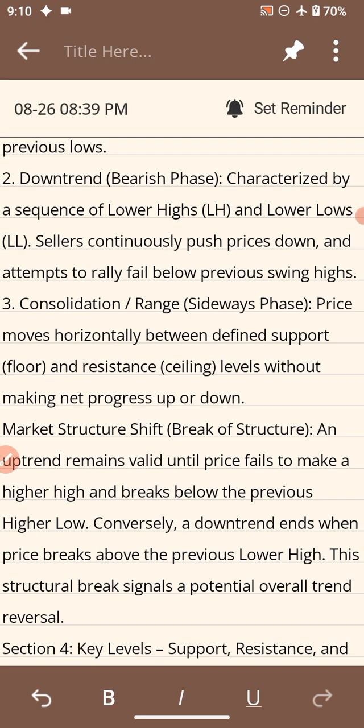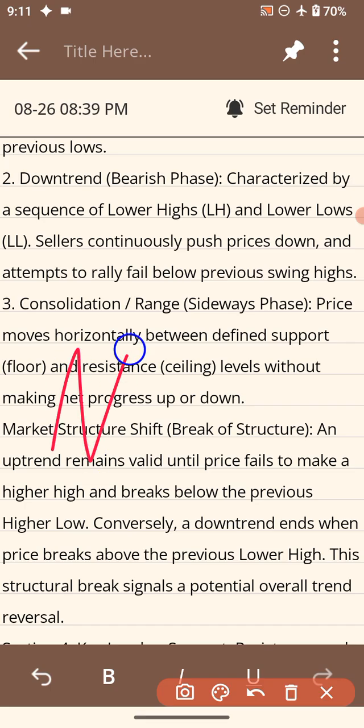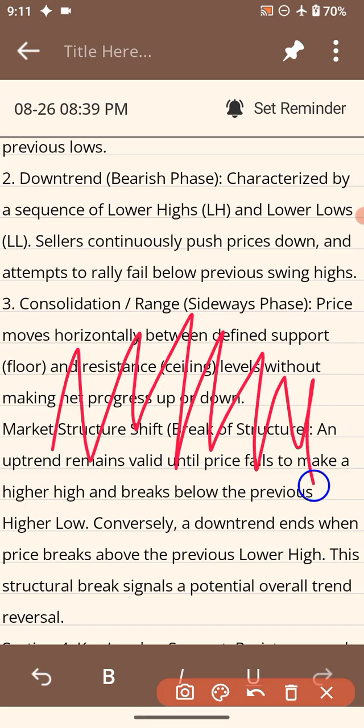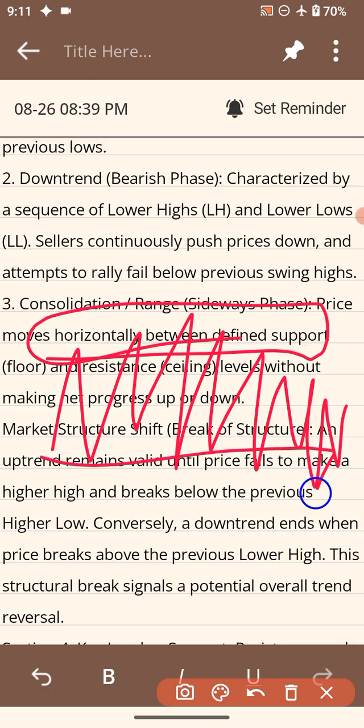We are in number 3 of this reading, which is the consolidation, the range sideways phase. Price moves horizontally between defined support, floor, and resistance, selling levels, without making net progress up or down. This is what a ranging market simply means. It is not going up and it is not going down.